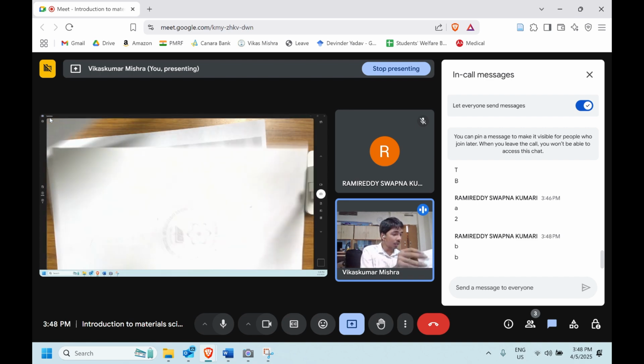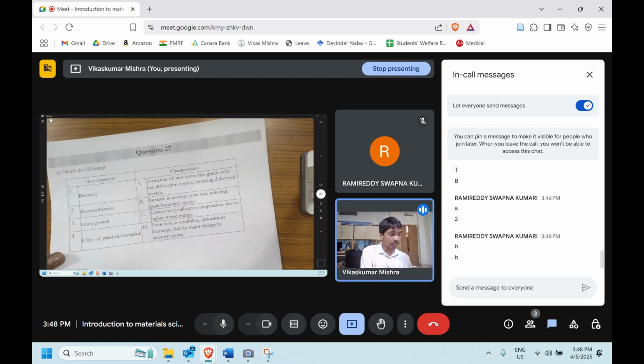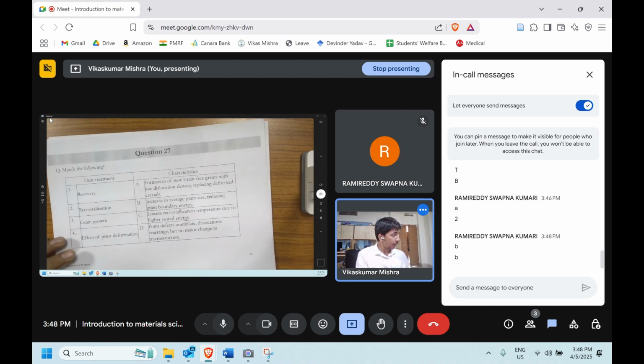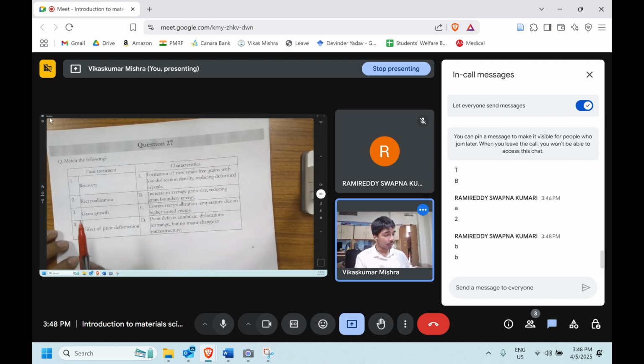Okay. Solve this match-the-pair type. Here we have recovery, recrystallization, grain growth, and the effect of prior deformation. Let's try to match them. Recovery will match with what?